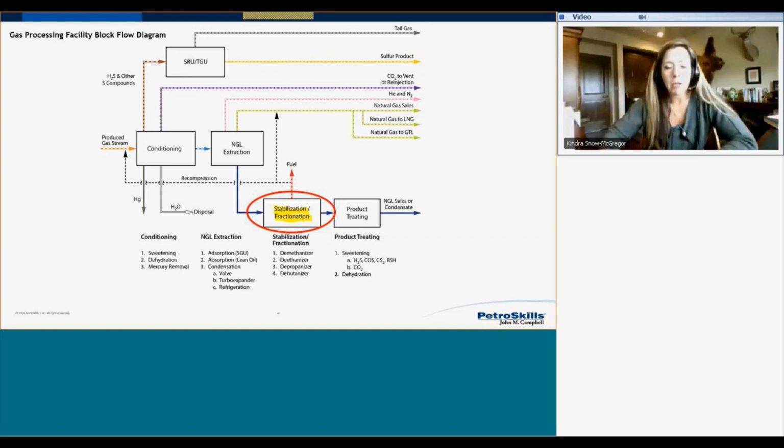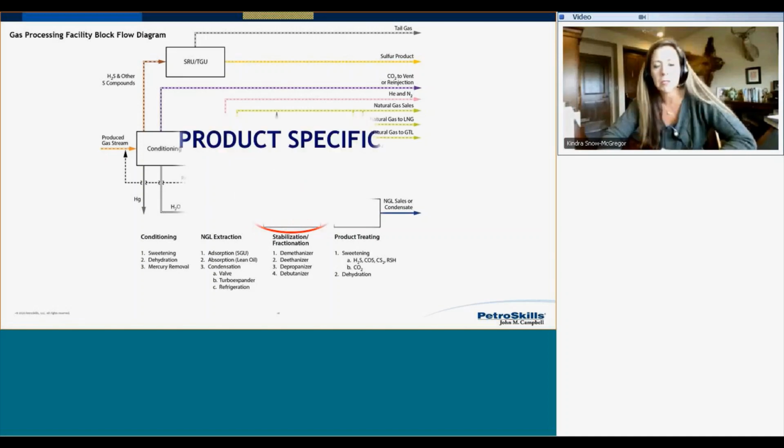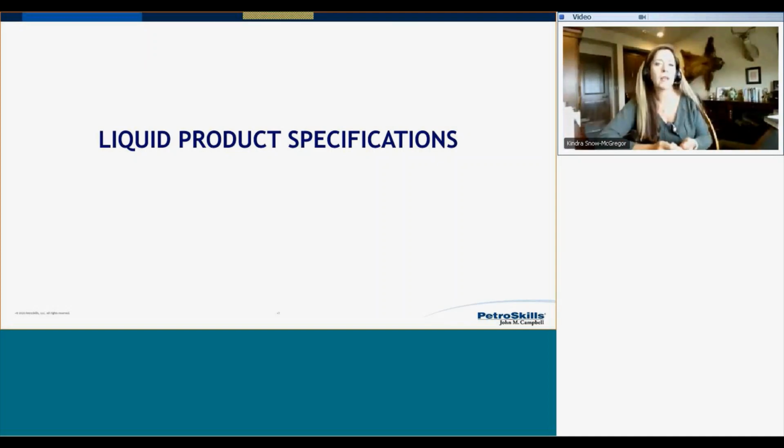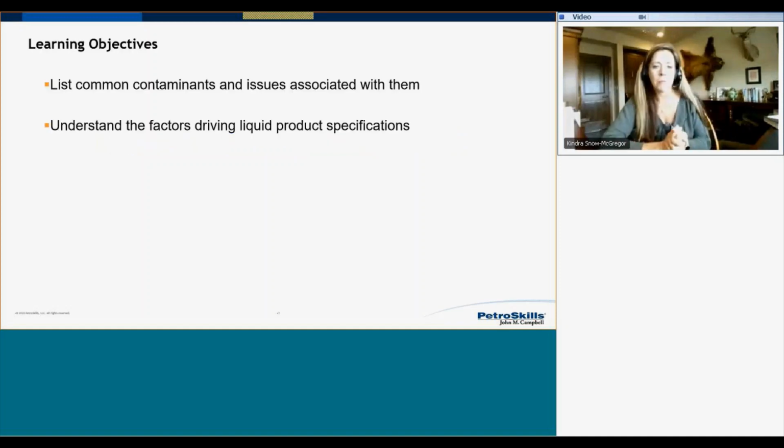But before I go there, what's important for us to understand is what our liquid product specifications are, because I need to understand what I want my fractionation train to make. And once those products are defined, then their compositions are defined. So I want to talk briefly about some common contaminants and the issues associated with them. But I also want you to come away with an understanding of the factors that really drive my liquid product specifications.